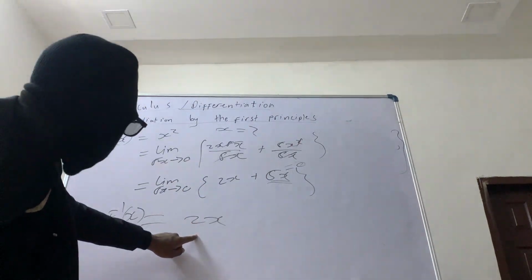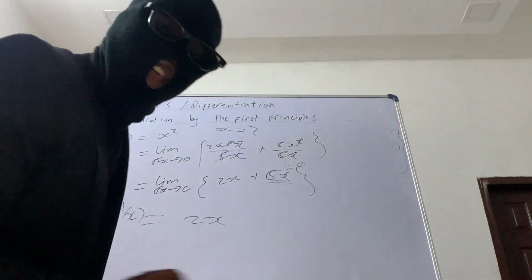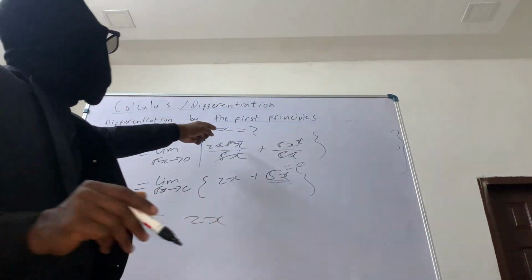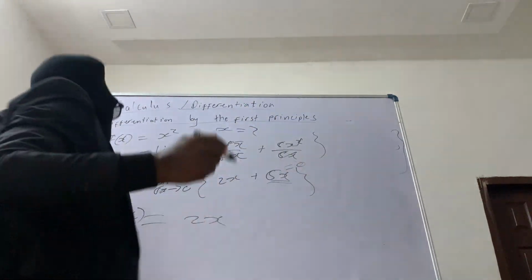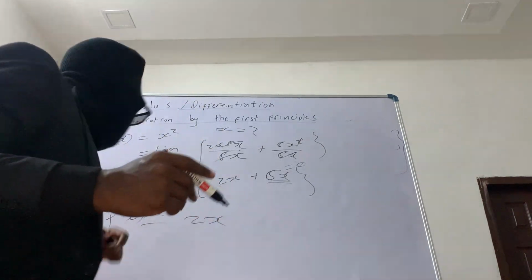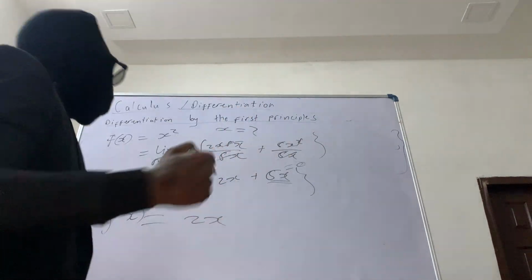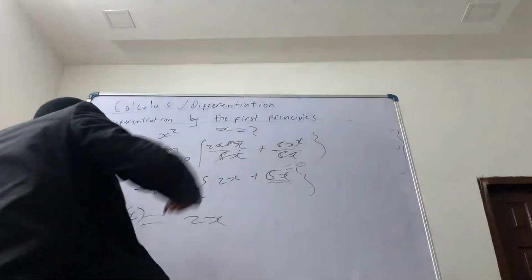Here we have differentiated this function using the first principle, and we want to see that at the point x equals 2, what is going to be our dy/dx? The rate at which our function changes at x equals 2.